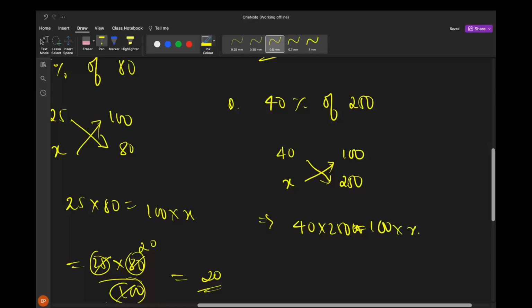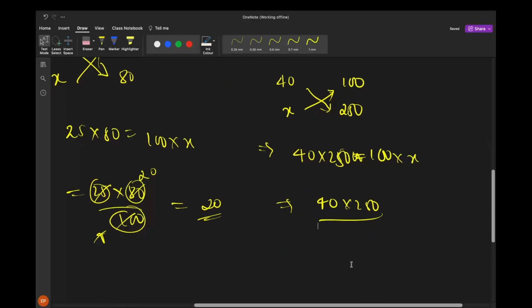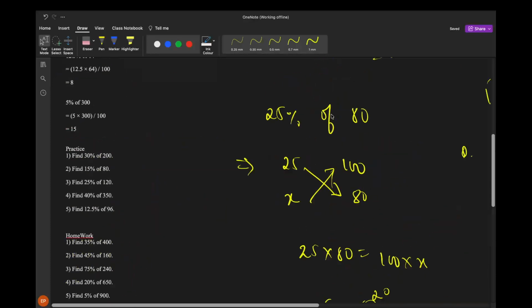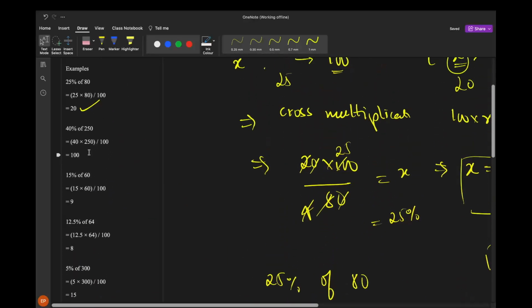The 100 will come in the denominator, which gives x equals 40 into 250 by 100. The zeros cancel, 25 fours are 100. So x is 100. Means they are getting 40 for 100, they will get 100 for 250.